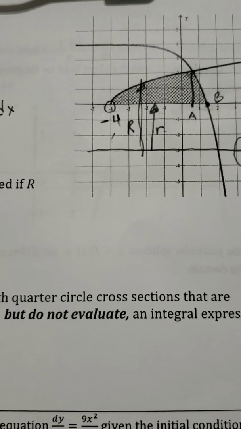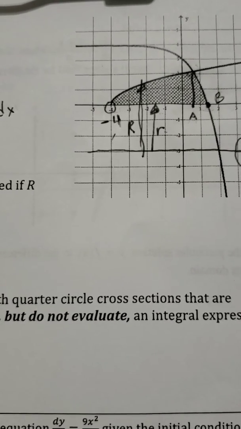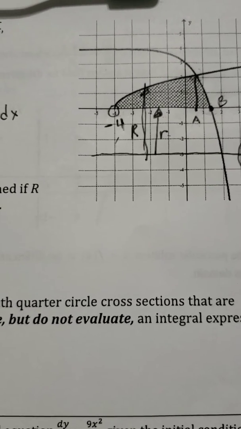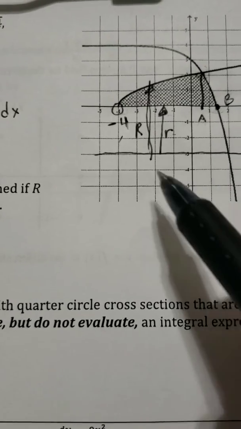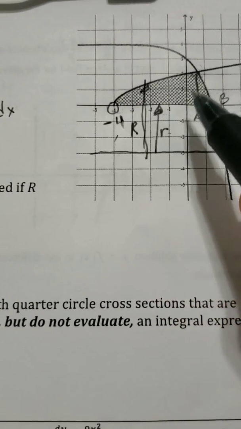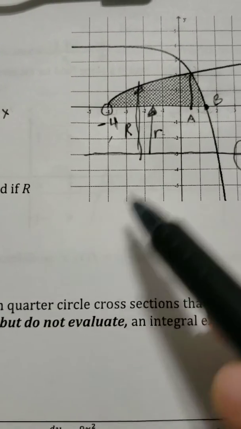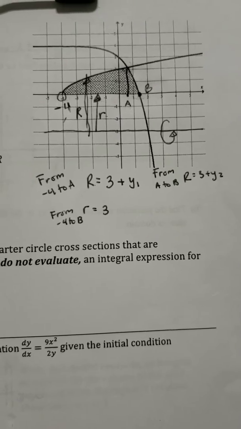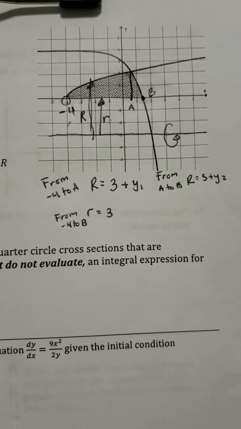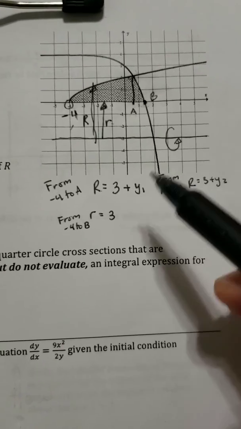But it looks like from -4 to B we can subtract that uniform cylinder, or the volume that's going to be created, away. Okay, so I'm going to write the formula down and then I'm going to talk about it a little bit more.